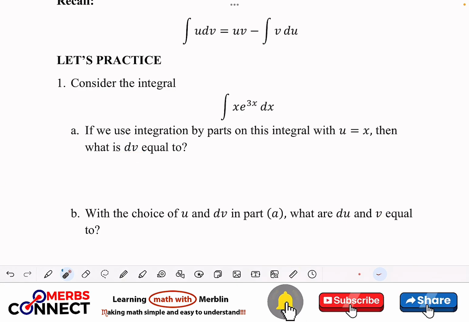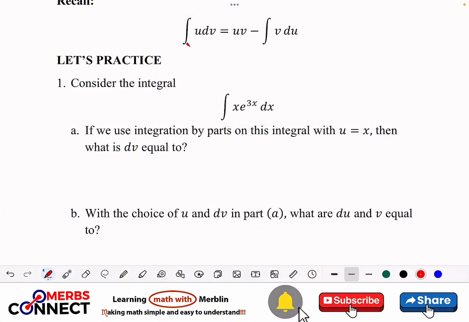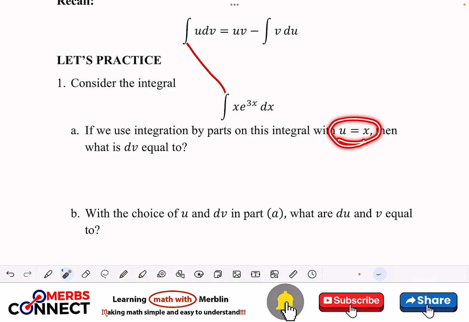One thing that you need to know is, if I choose x to be equal to U, then anytime I'm dealing with something like this, I'm comparing this to this here. You can see that the integral goes with the integral, and here we've chosen U to be equal to x.